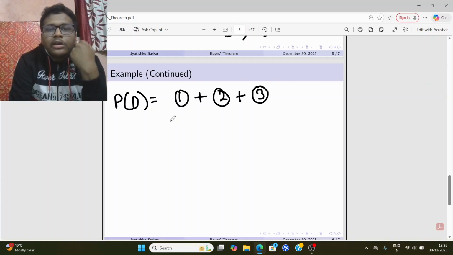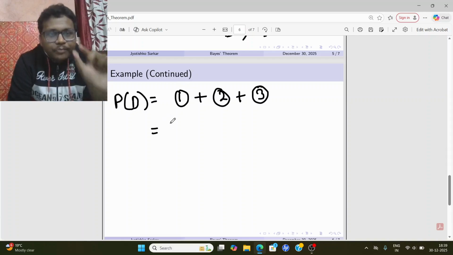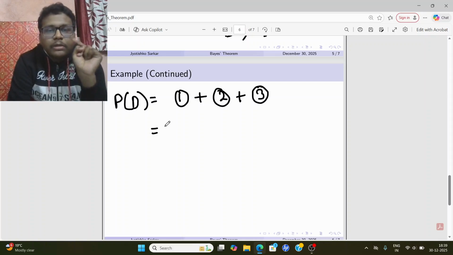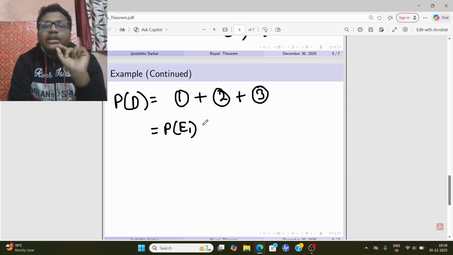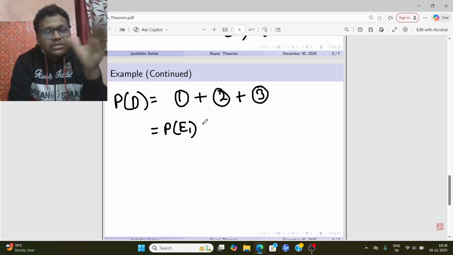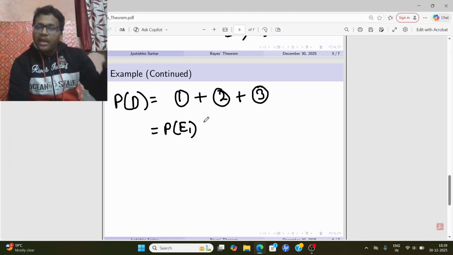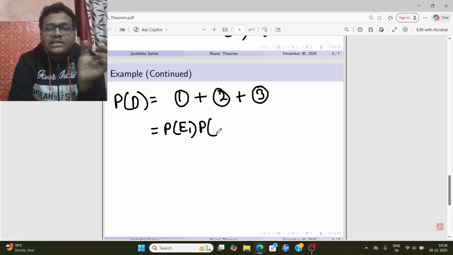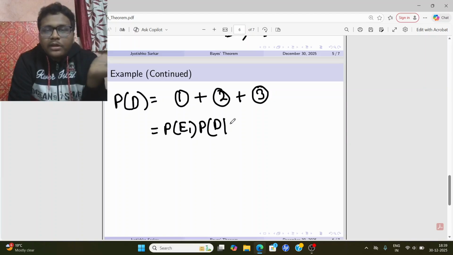So what is the probability of that? First of all, for the first case, I pick the bulb and it is manufactured in factory A. So what will be the probability for that? That is probability of E1. And it is defective. So I picked a bulb which was manufactured in factory A, then it is defective. By conditional probability, it will be probability of D given E1.